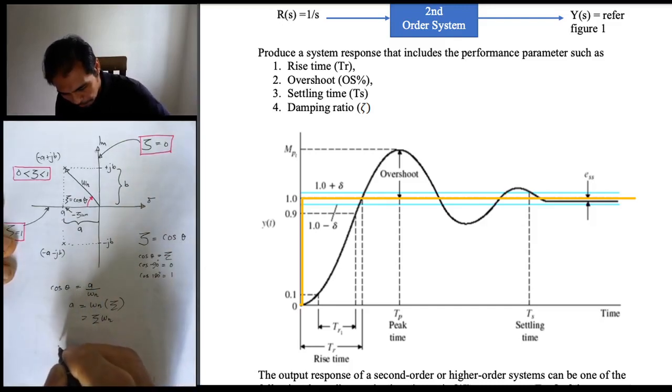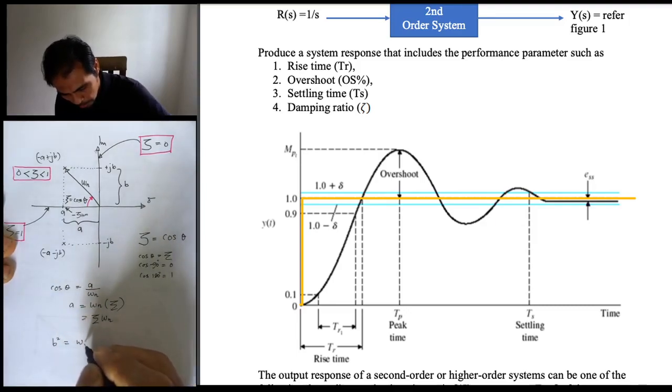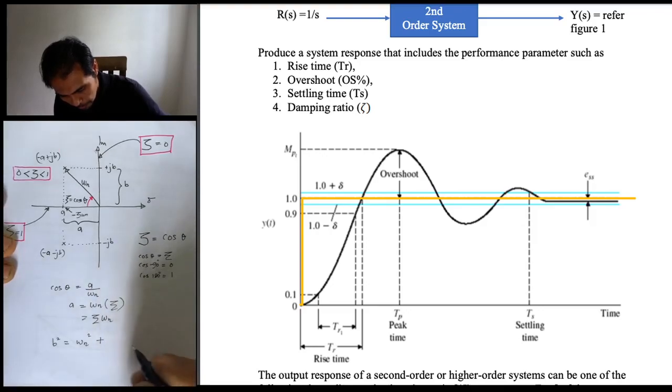So that means we have B squared equal to omega n squared plus zeta omega n squared.